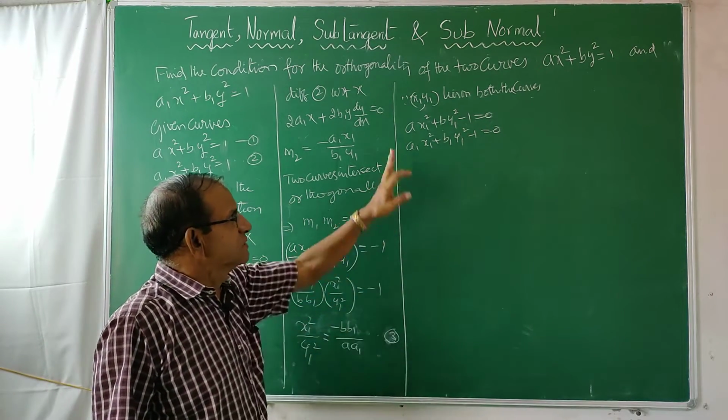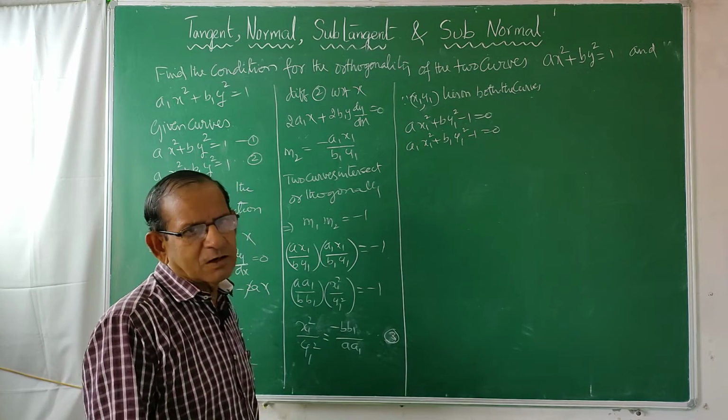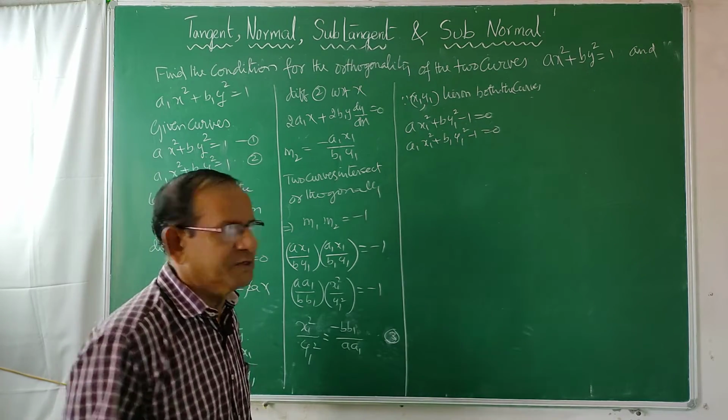Now here there are two simultaneous equations with x square and y square as variables. Let us solve those two by using cross multiplication method.